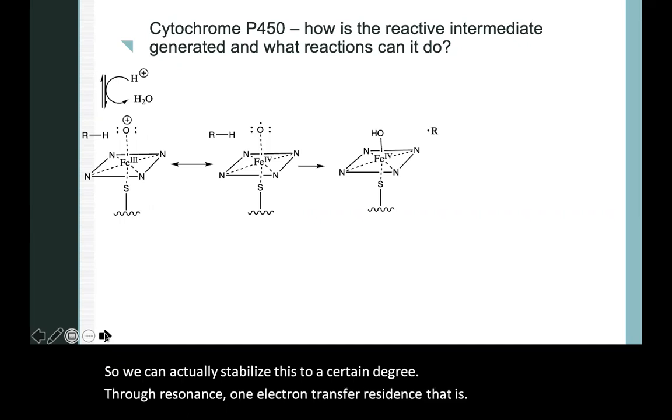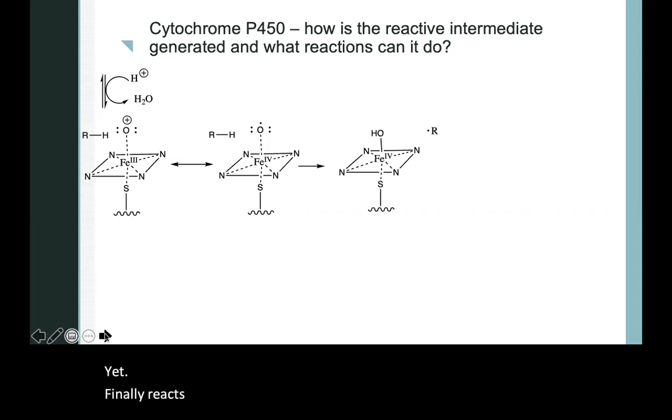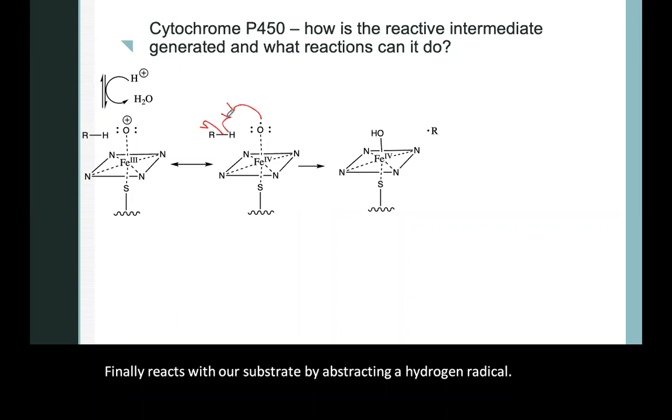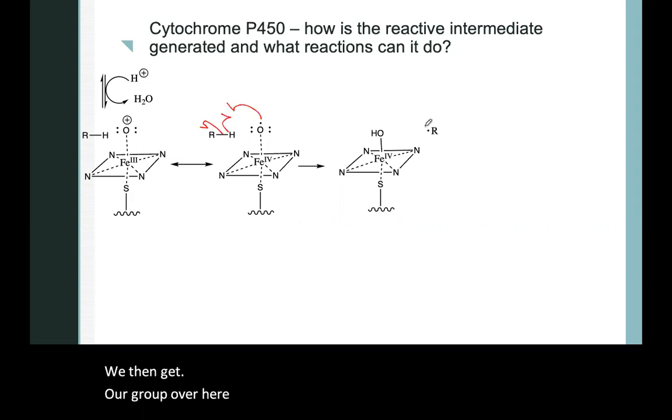This intermediate finally reacts with our substrate by abstracting a hydrogen radical. We then get our R group over here released, and this can recombine with another radical.